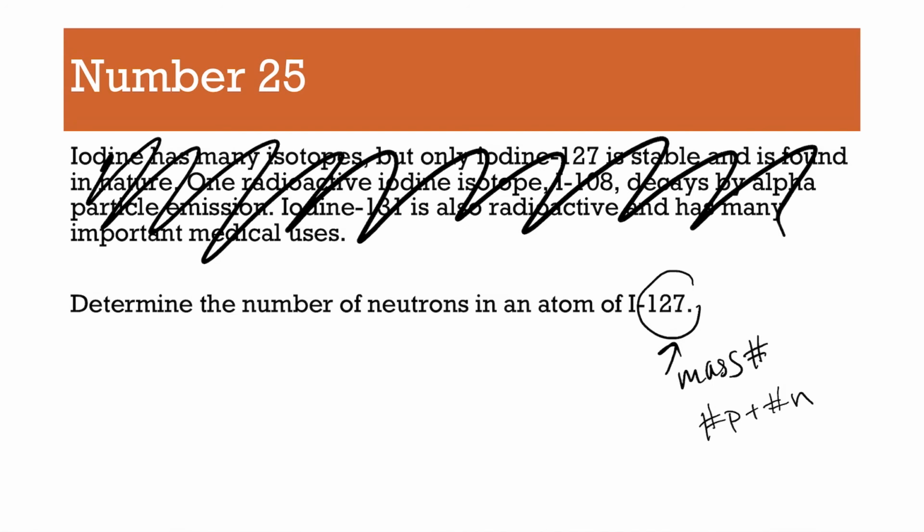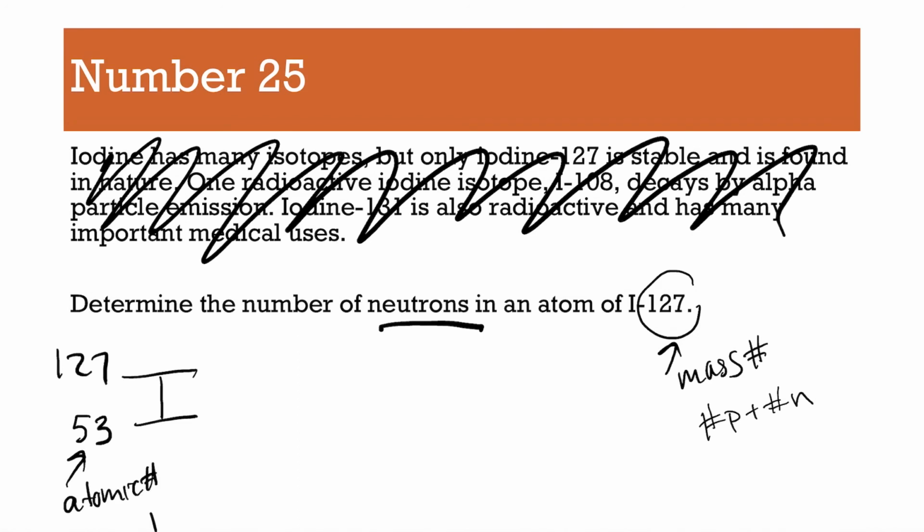Now, if we want to find the number of neutrons, we have to first figure out how many protons you have. So iodine right now has the mass of 127. If you look at your periodic table, 53, that is your atomic number. Remember, that is your number of protons.